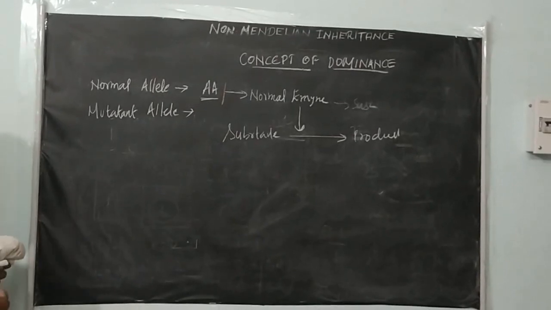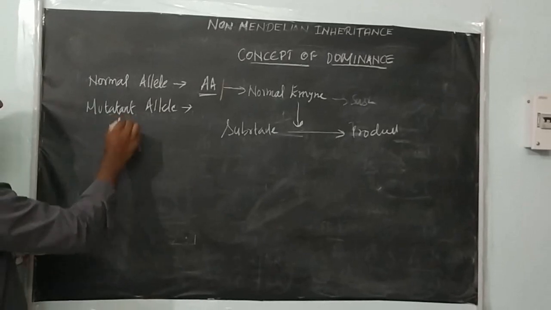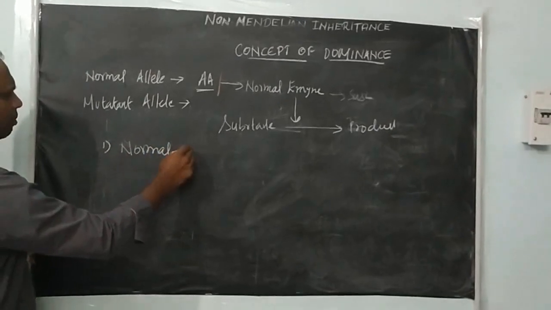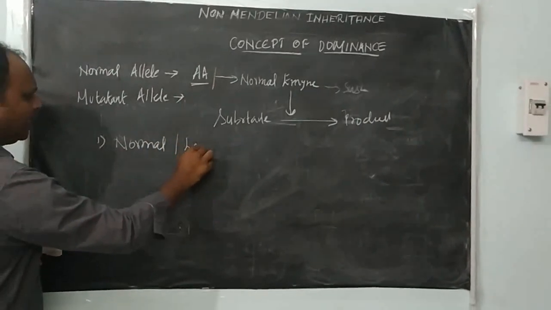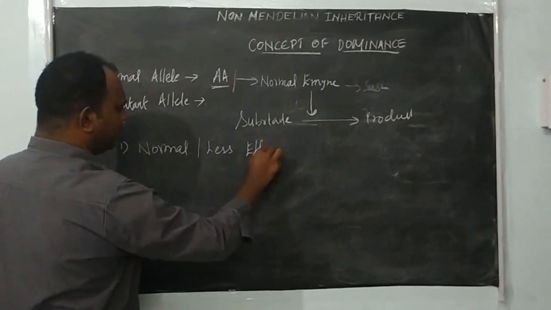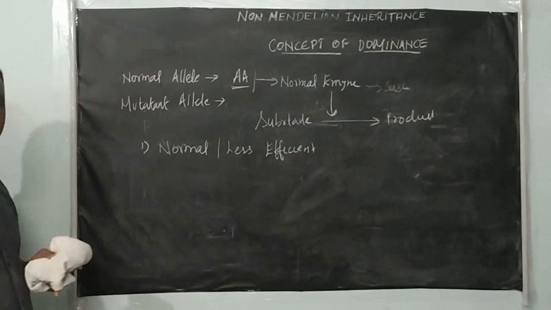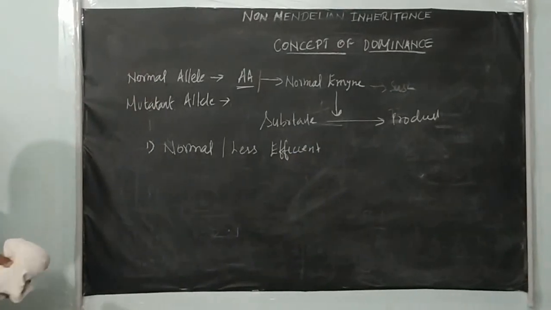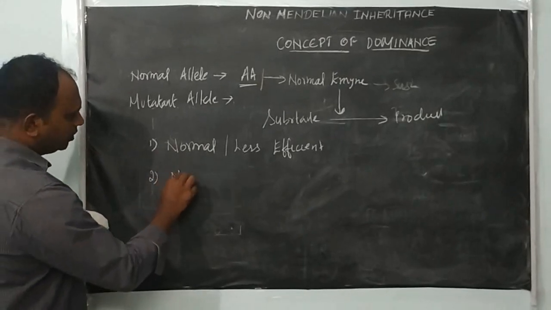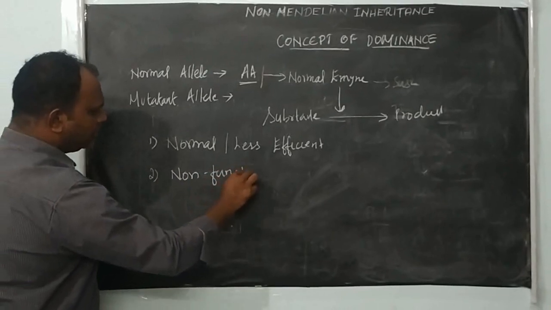The mutant allele either produces normal enzyme or less efficient enzyme. Are you clear with this? Second case, it may be responsible for production of a non-functional enzyme.